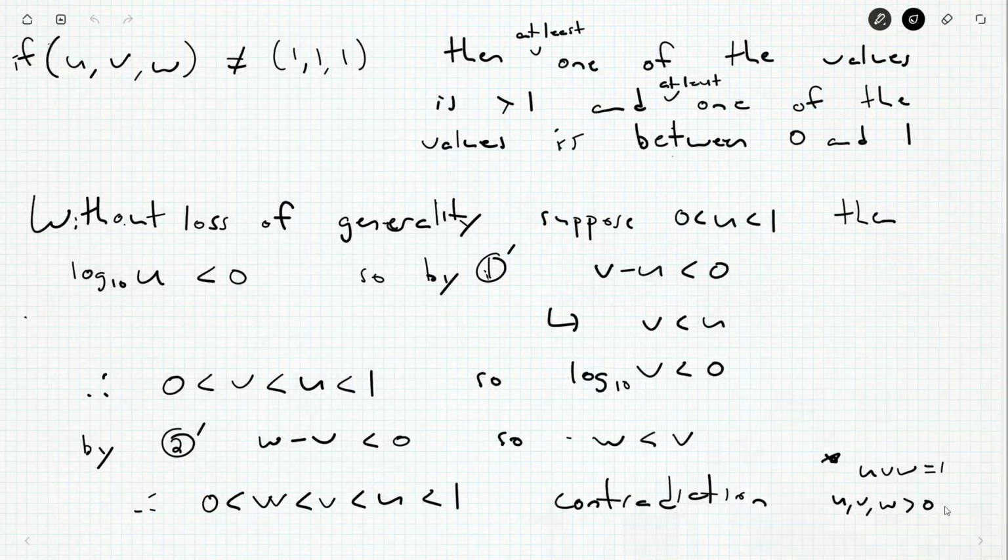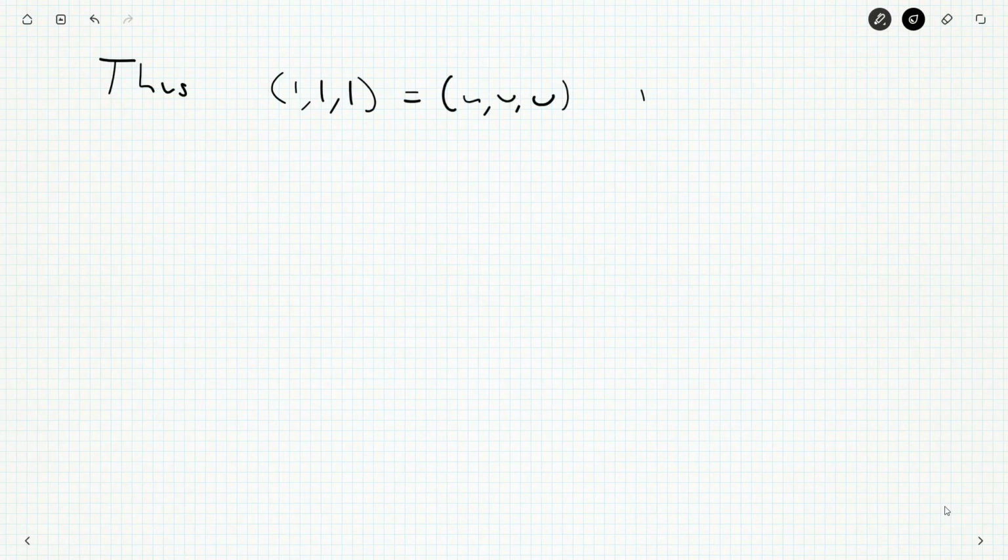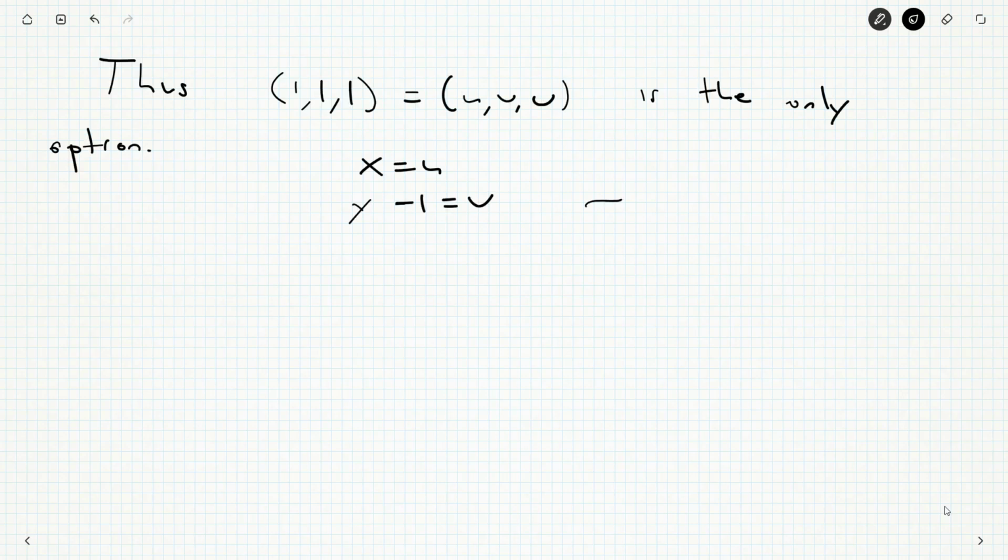So, to conclude, this is the only possibility. Now remember, x is u, y minus 1 is v. So y is v plus 1.